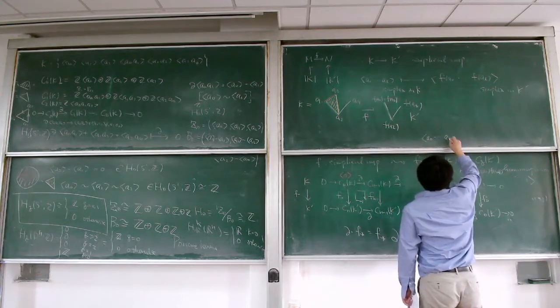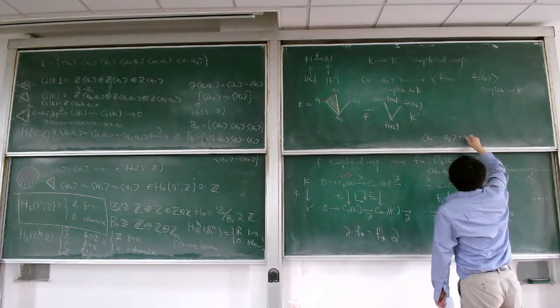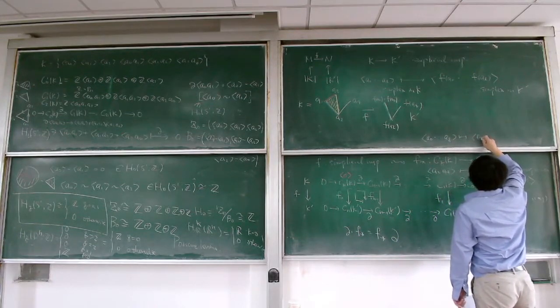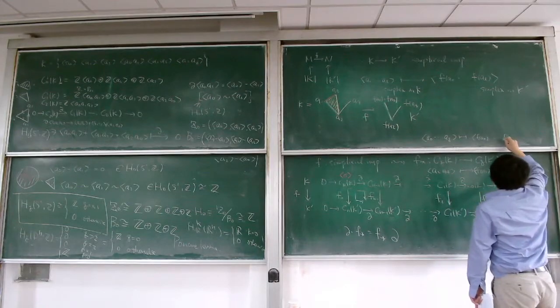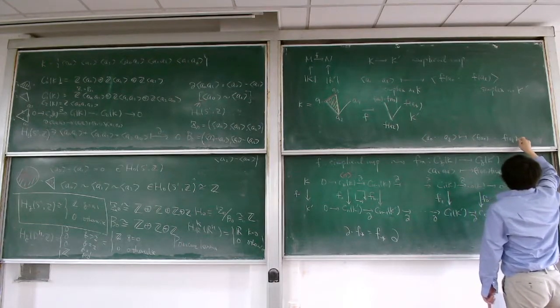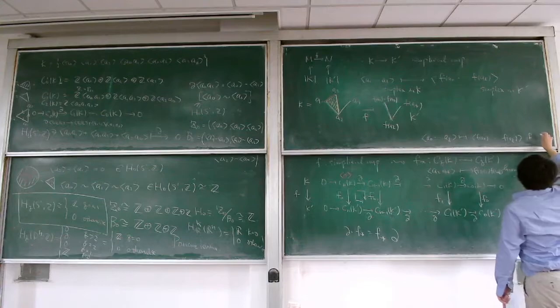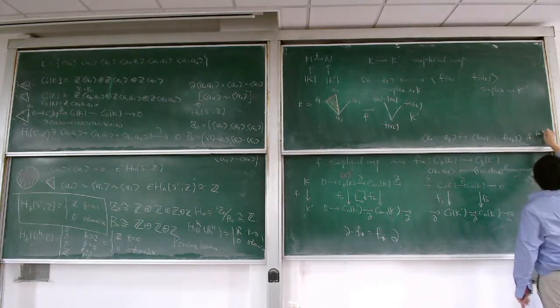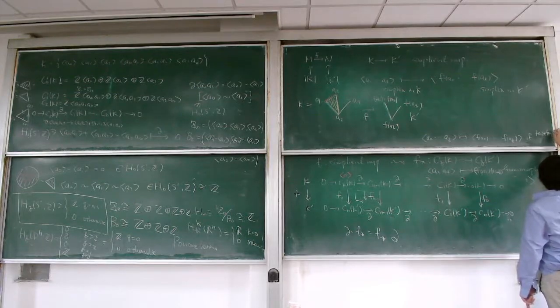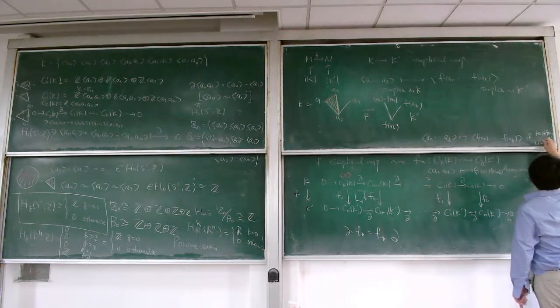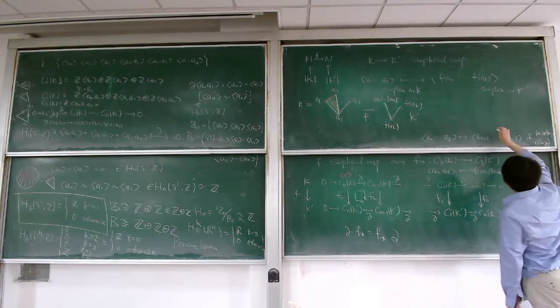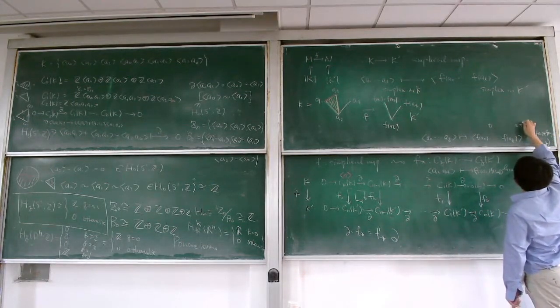A0 through AQ is mapped to FA0 through FAQ if FAI is not equal to FAJ for any distinct I and J, otherwise 0.